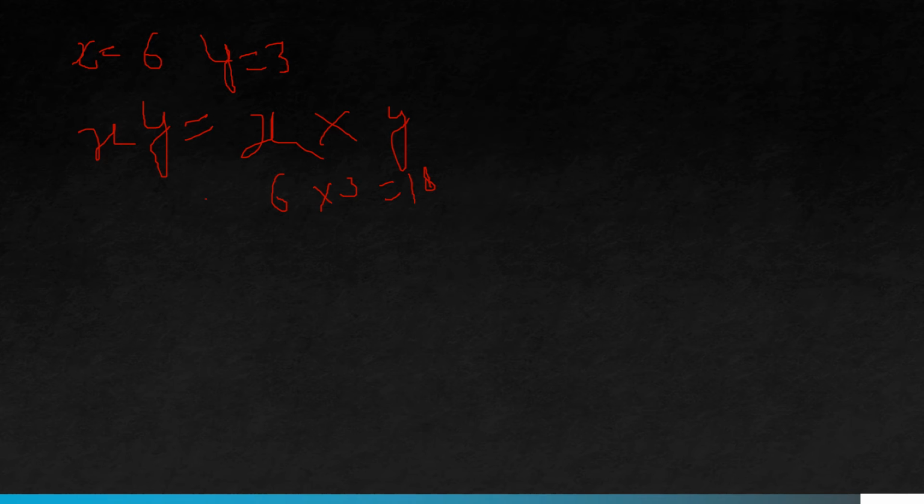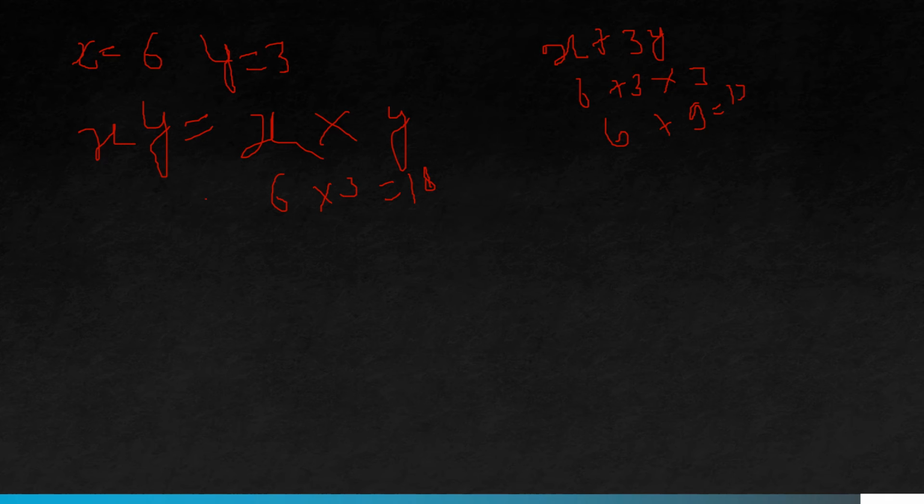Now similarly, let's say we have written x plus 3y. How can you solve this? We can put the value of x is equal to 6 plus 3, and there is no symbol between 3 and y, hence we apply 3 into y, which is 3. So 6 plus 3 into 3: 3 into 3 is equal to 9, right? 9 plus 6 is equal to 15.